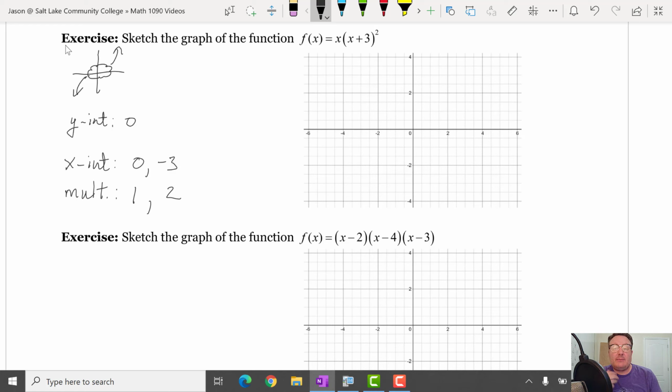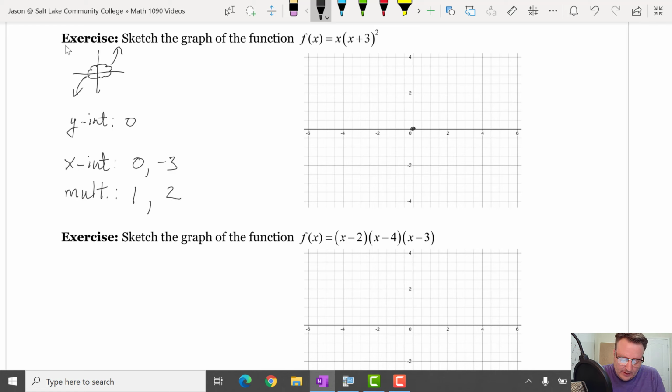The multiplicity is important because it tells us whether the graph will just touch the x-axis at that 0 or cross the x-axis at that 0. Okay, so now how do we graph this? What we're going to do is graph all of the intercepts, then sketch in the long-run behavior, and then connect everything up with a smooth line. Our y-intercept is here at the origin.